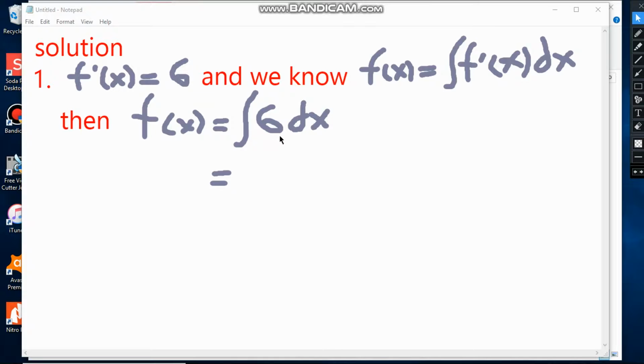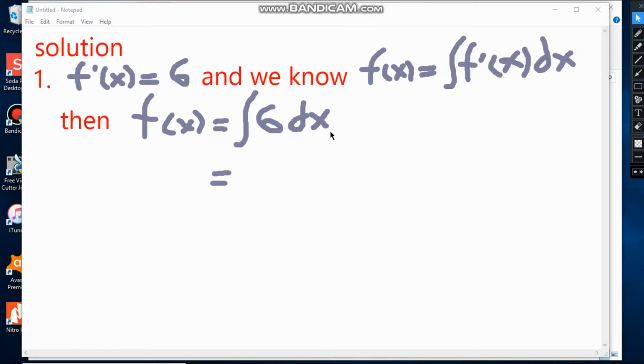Why do we place 6 at this position? Because f dash of x is equal to 6, and f dash of x appears in this position, so the 6 must appear in this position. And as 6 is a constant, we take it out of the integral, because 6 does not vary with the variable x.